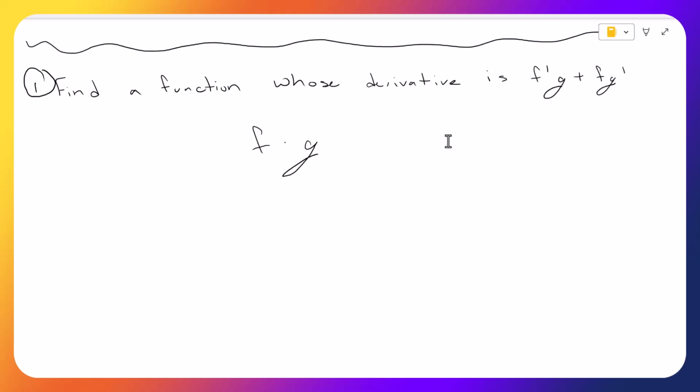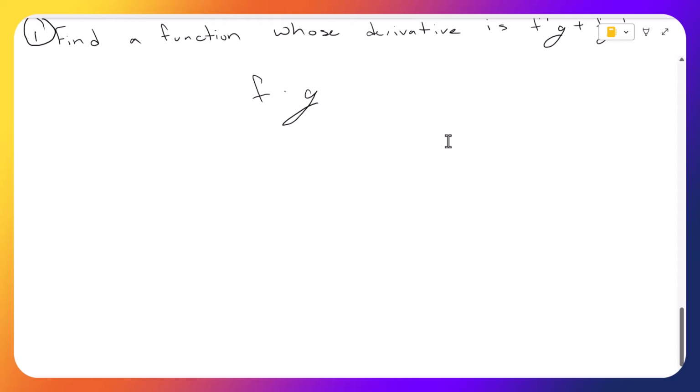Same question, find a function whose derivative is... I'm not going to write that part out. We want to find a function whose derivative is 5 minus 2x plus 3 cosine x. Or actually, here's how I'm going to write it.